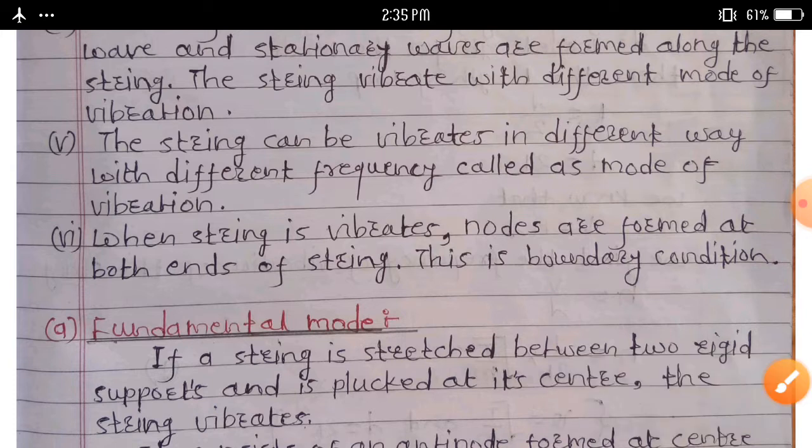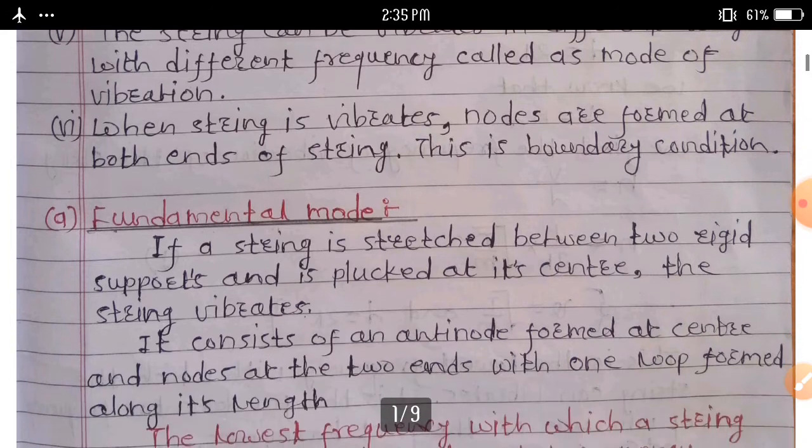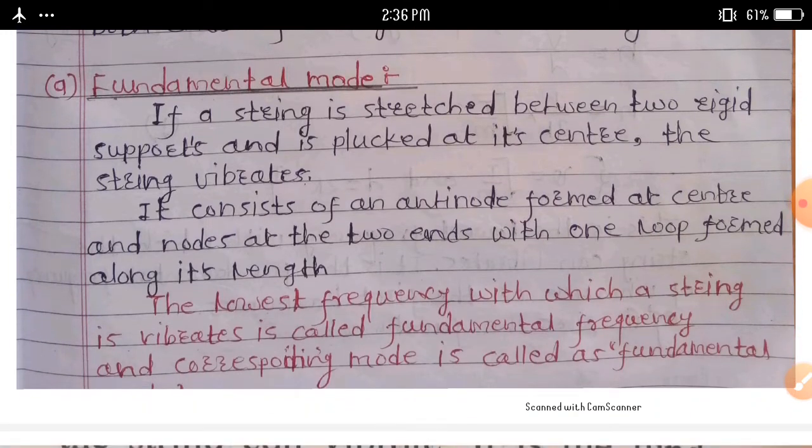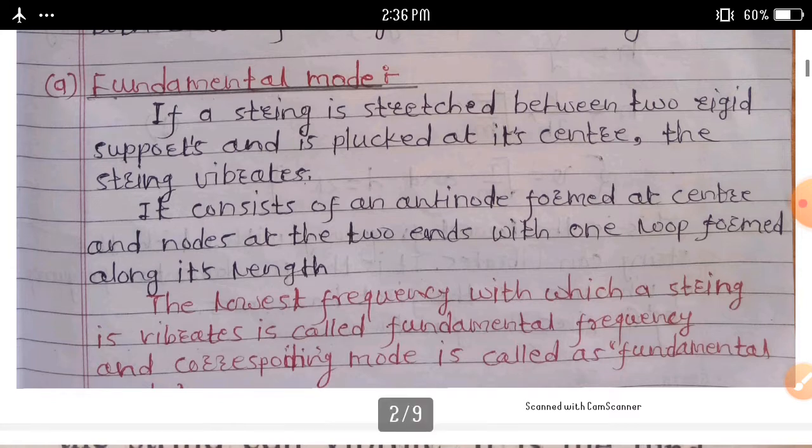The first mode we call the fundamental mode of vibration. If a string is stretched between two rigid supports and is plucked at its center, the string vibrates. One antinode forms at the center, and two nodes form at its two ends, with one loop along the length. See this diagram.